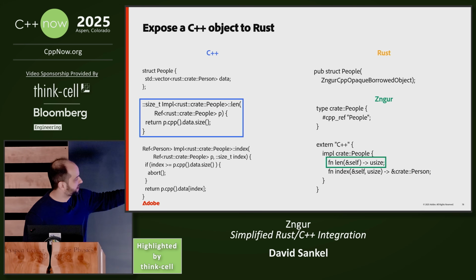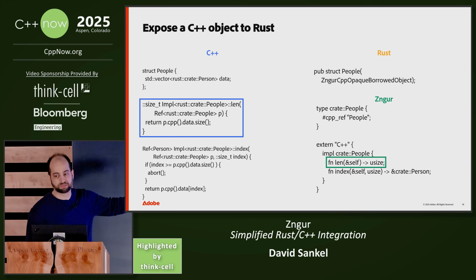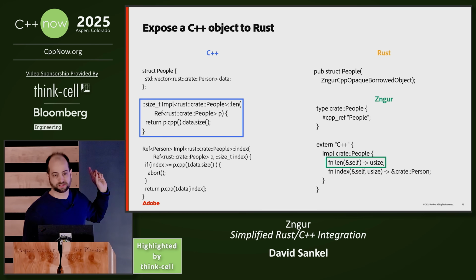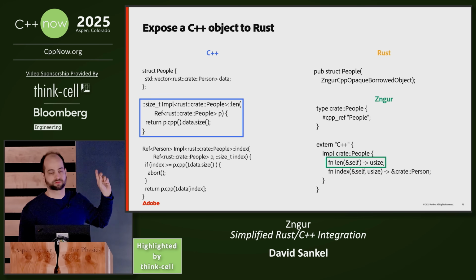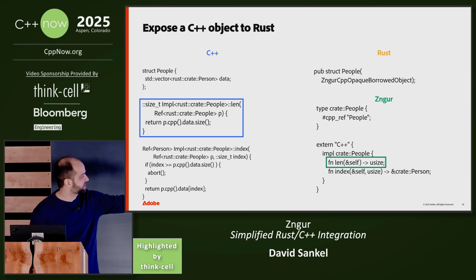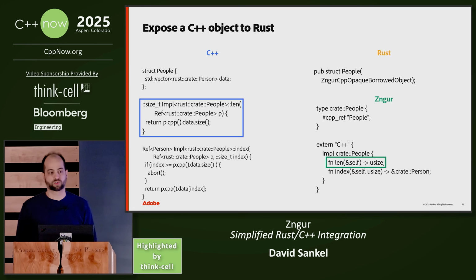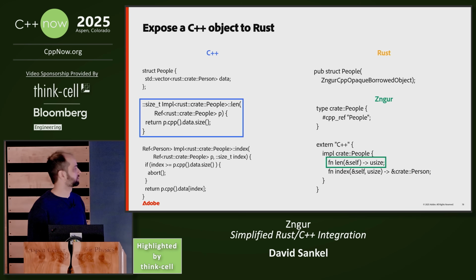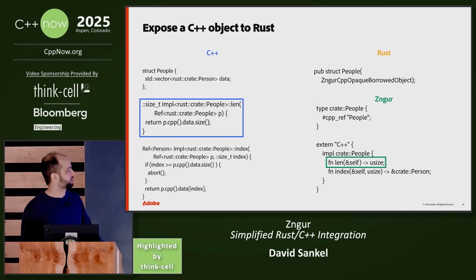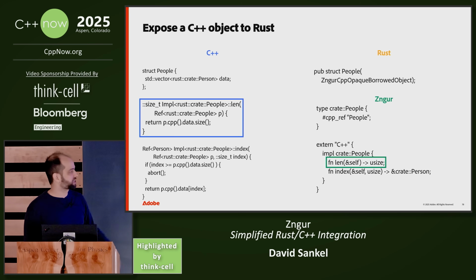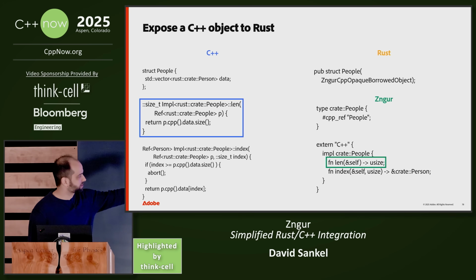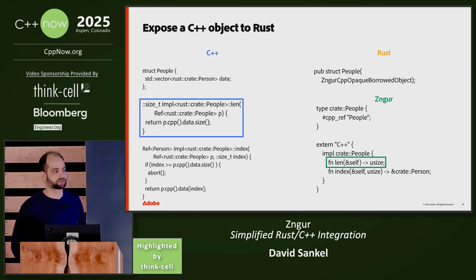And once you have that object, you can call .cpp to get the underlying reference to the C++ people object. So we have p.cpp to get the C++ version, then you call .data.size in order to do that. So that's what that looks like. And the generator.h will give you the signature, and you need to fill out the implementation for this thing.